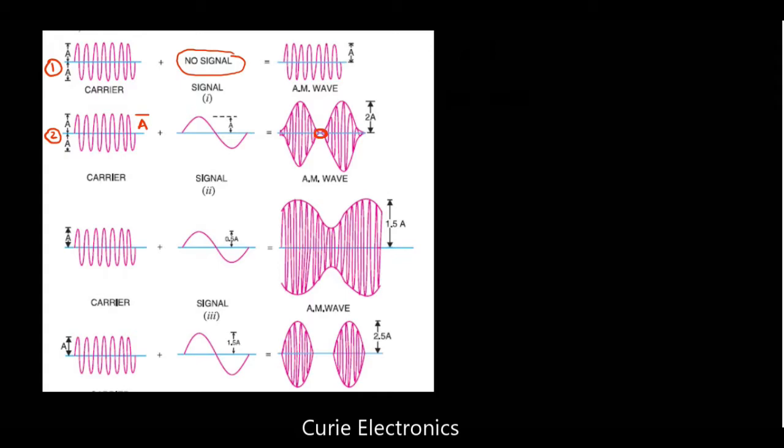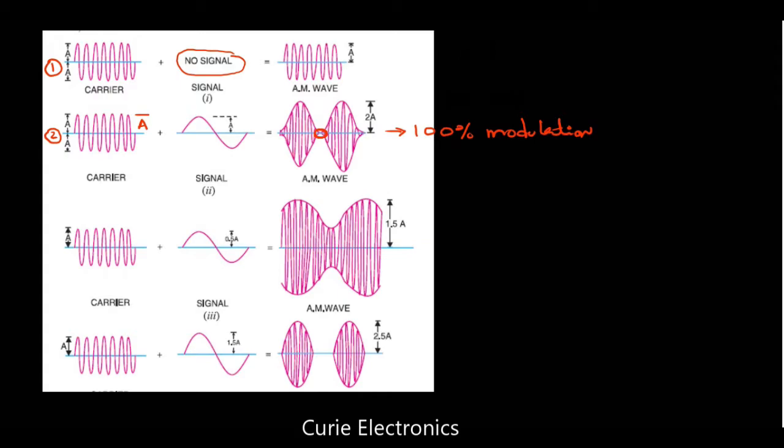If it touches 0 volt, we are losing the information. So this kind of modulation is not at all used. This modulation is known as 100% modulation. But in AM, we never use 100% modulation. If we use it, we are losing the information.